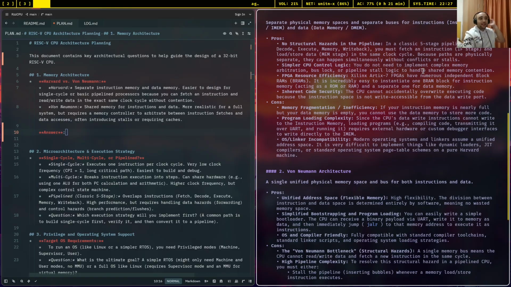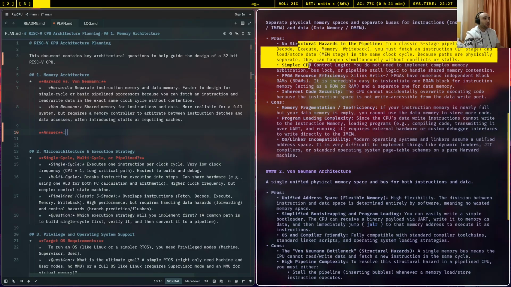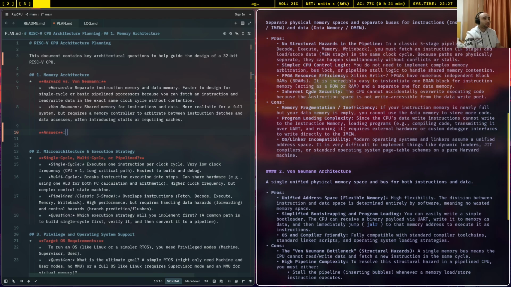So I guess we want that in a first stage, but we may want to switch to a von Neumann architecture later. Simpler CPU control logic: you do not need to implement complex memory arbitration, bus locks, or pipeline stalls.